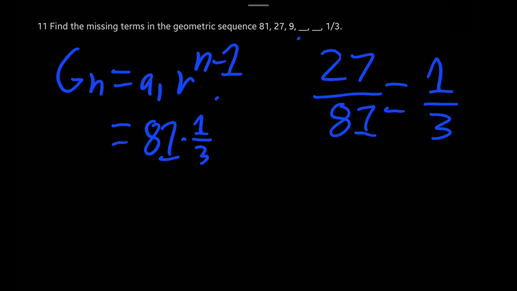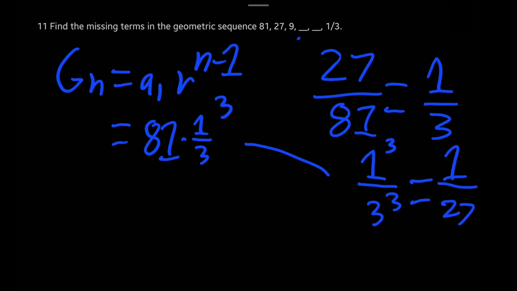So 4 minus 1, or 3. Using exponent rules, 1/3 raised to 3 would simply be 1 over 27. We multiply 1 three times, so we can have it like here, 1 times 1 times 1 over 3 times 3 times 3, or 1 over 27.